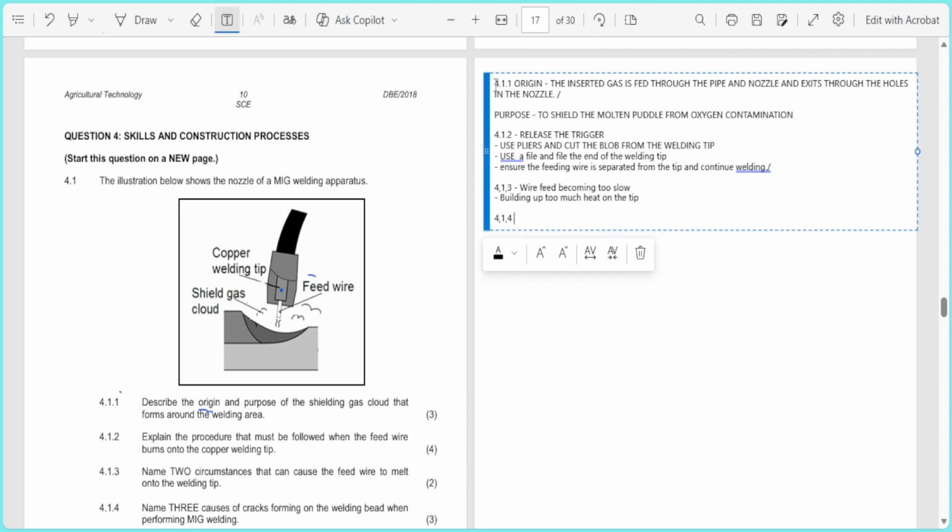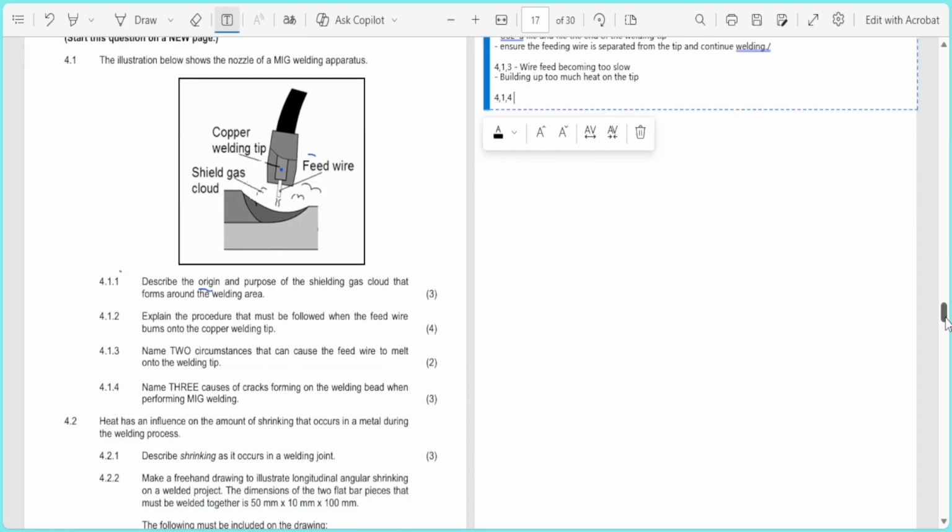Okay, so for 4.1.4, they are asking us to name 3 causes of cracks forming on the welding head when performing MIG welding. Just only 3 causes. Alright, so welding cracks, what are they? Welding cracks are like fractures in bones.